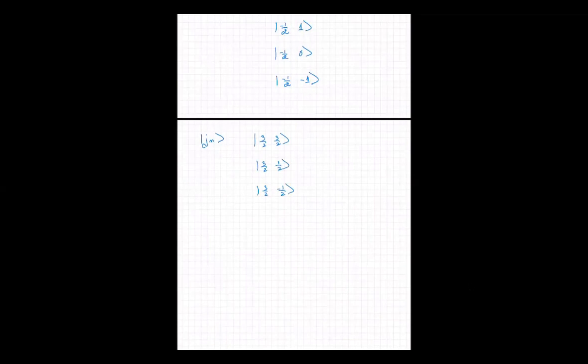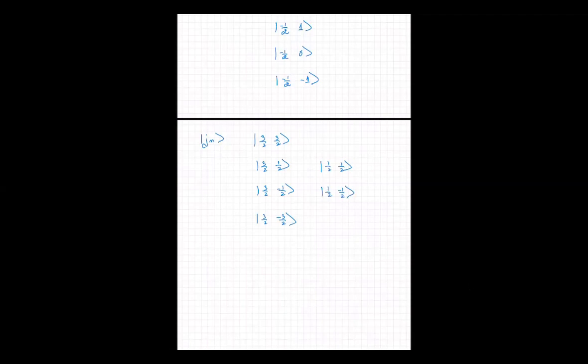Because 3/2 minus 1 is 1/2, and 1/2 minus 1 is minus 1/2, and minus 1/2 minus 1 is minus 3/2. And for J equals half, again there are two possible states, 1/2, 1/2 and 1/2, minus 1/2. So again there are 6 states, because it's the exact same 6-dimensional space.